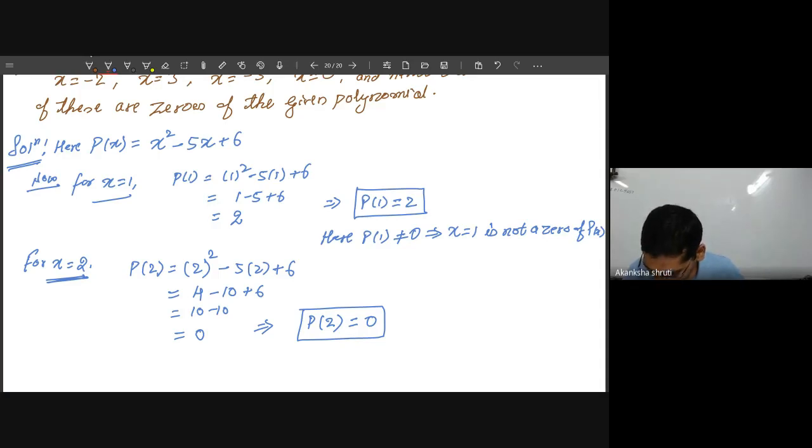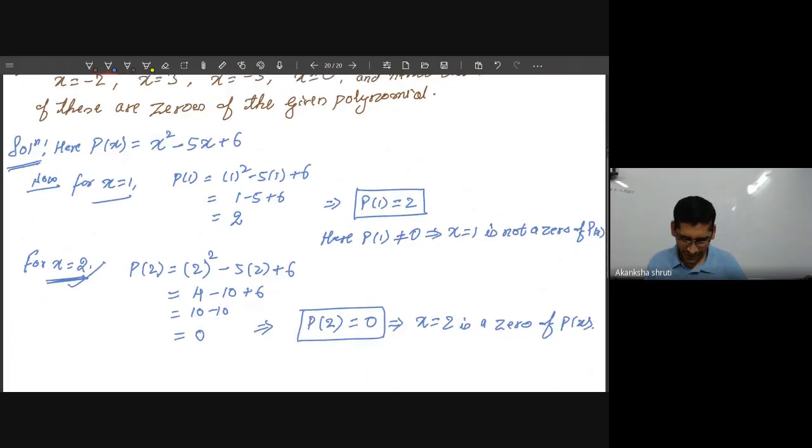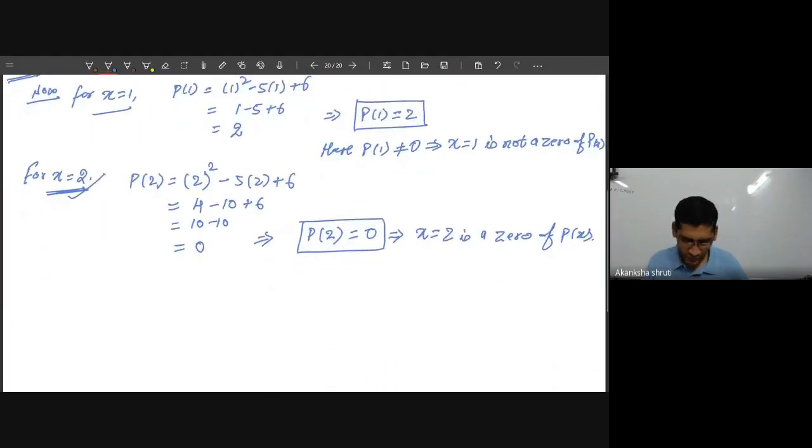So this implies x equals 2 is a zero of the polynomial px. So what are zeros? That we have to check. One of these zeros we have obtained is x equals 2. Now let us check for x equals minus 2. You can check that later, but let me check for the other one.